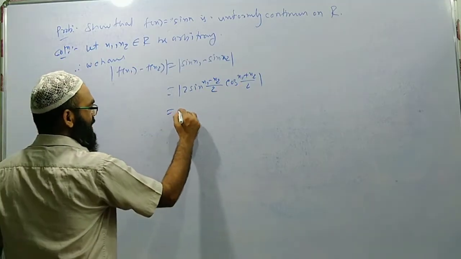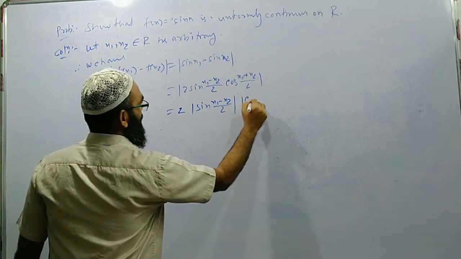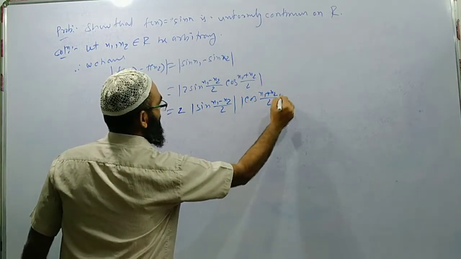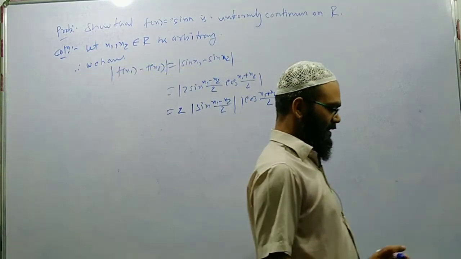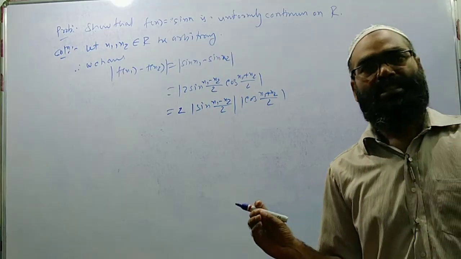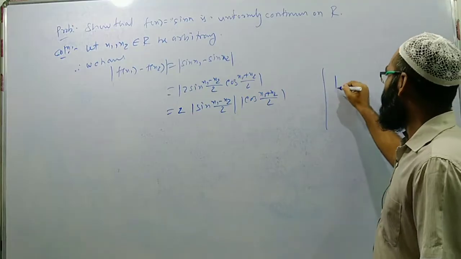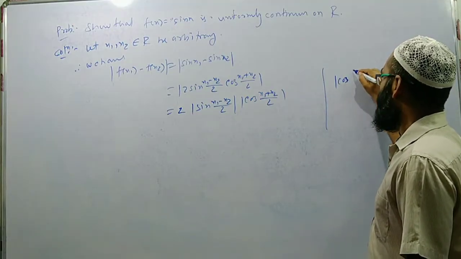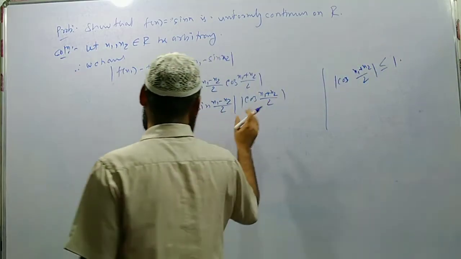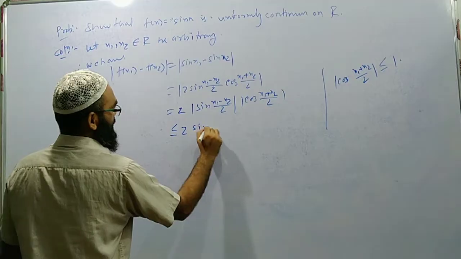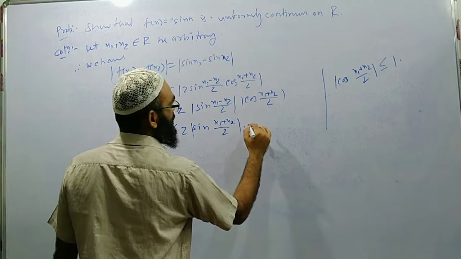Mod of 2 is 2 itself: 2 mod of sine (x1 minus x2) by 2 mod of cos (x1 plus x2) by 2. Now we know that cos theta always lies between minus 1 and 1, that is, modulus of cos (x1 plus x2) by 2 is less than or equal to 1. So from this, it is less than or equal to 2 mod of sine (x1 minus x2) by 2 into 1.